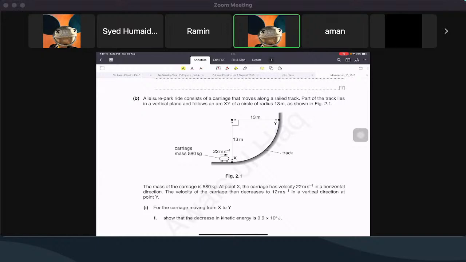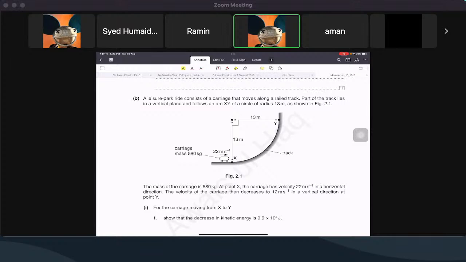For the carriage moving, show that the decrease in kinetic energy is 9.9 times 10 raised to power 4. Okay, we can do that, I think.